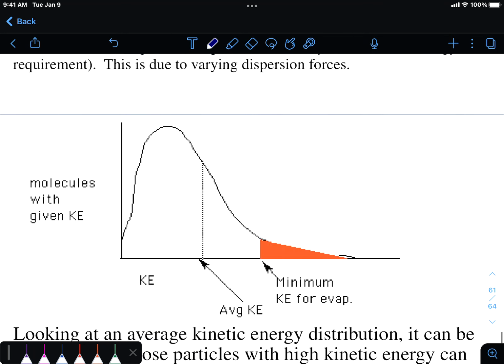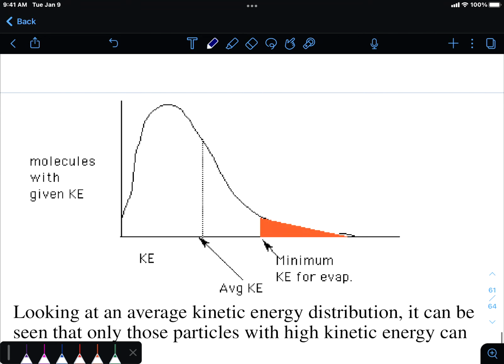I'm going to skip down to this picture here. In any sample, this graph right here is a sample of a liquid. And on the y-axis is the proportion of molecules, or fraction of molecules. We'll use fraction. On the x-axis is kinetic energy. And this dashed line represents where the average would be.